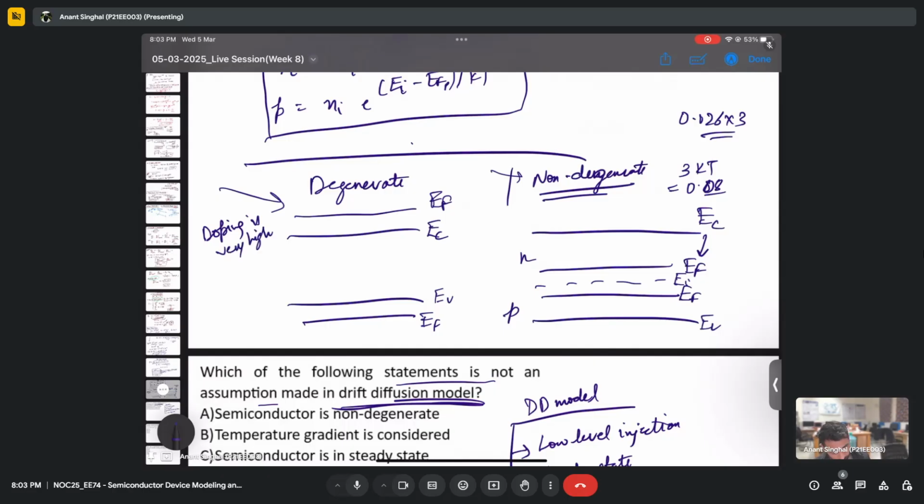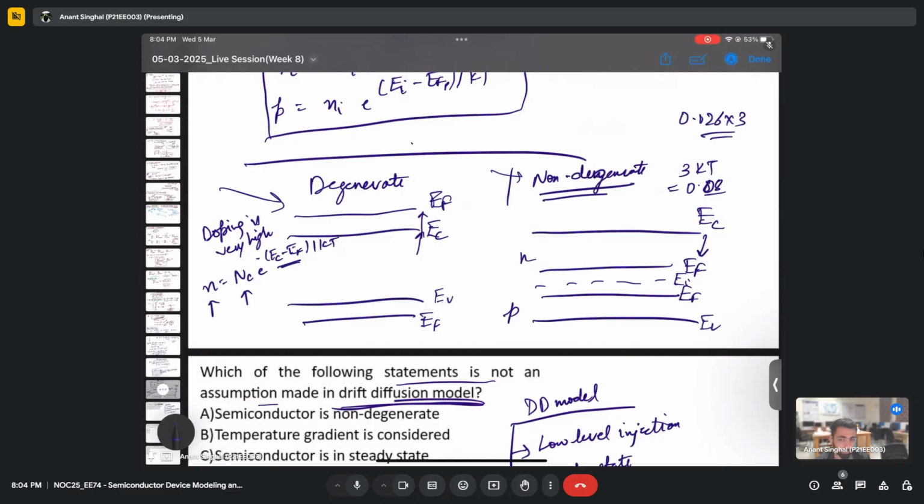Let's say an N type semiconductor, so EF will go towards EC if we increase the doping more and more. Basically, this formula: n is Nc exponential of minus (EC minus EF) over kT. If we make n greater than Nc, EC minus EF will become negative.